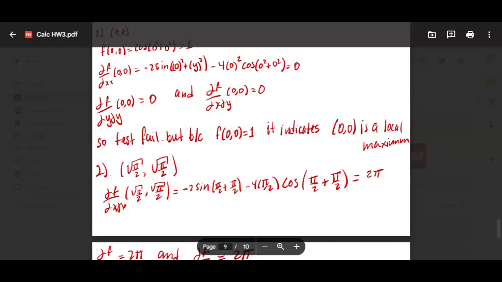Which theorem tells you to make that conclusion? Do you mind typing it in the chat?